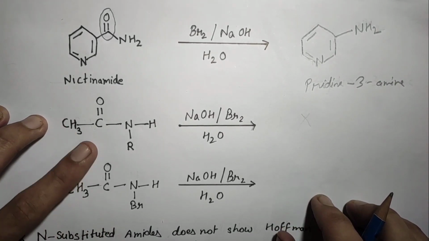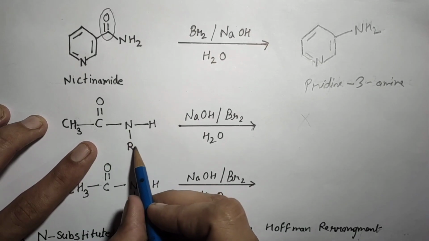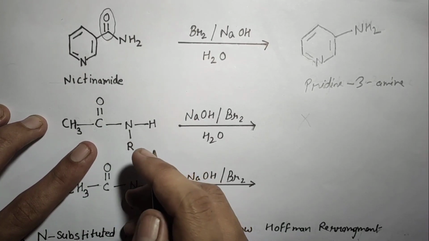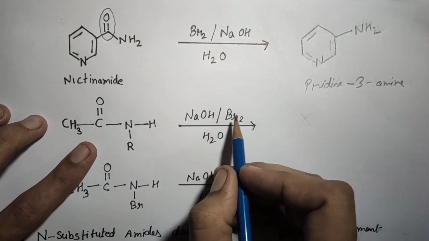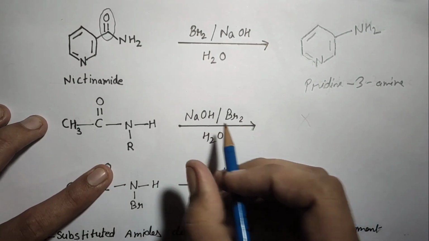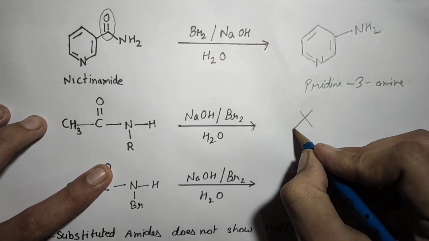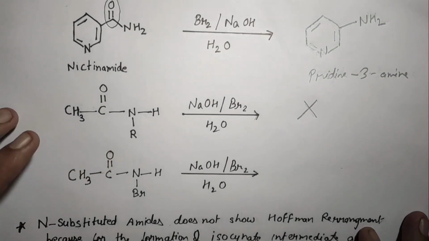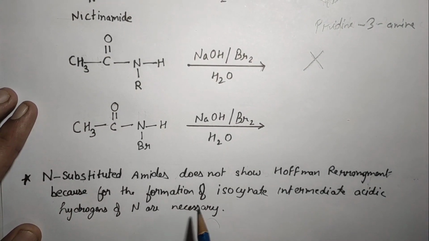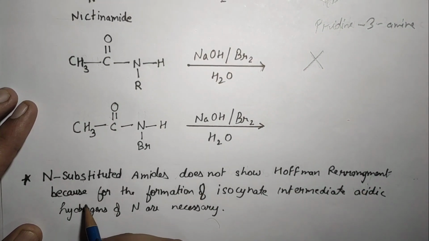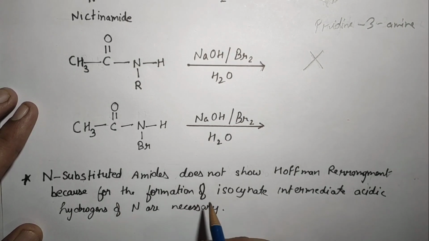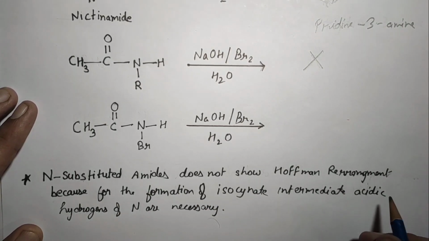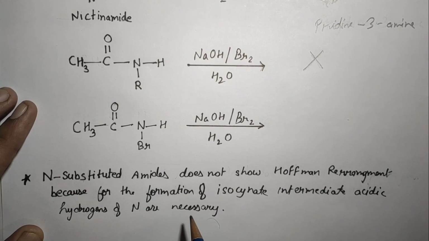Now, if we take this N-substituted amide and react it with NaOH and Br2, this will not show Hofmann rearrangement reaction. These N-substituted amides do not show Hofmann rearrangement because for the formation of the isocyanate intermediate, acidic hydrogens on nitrogen are necessary.